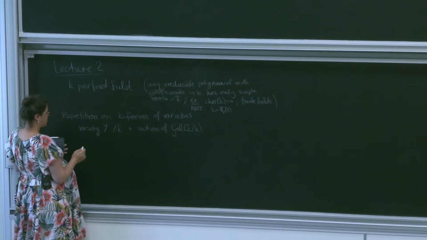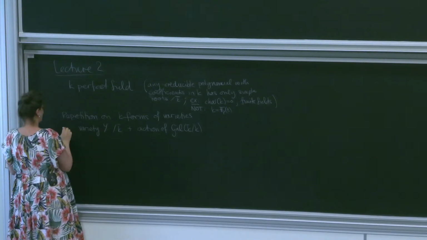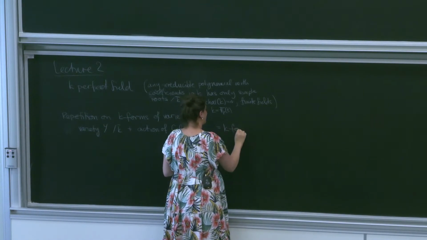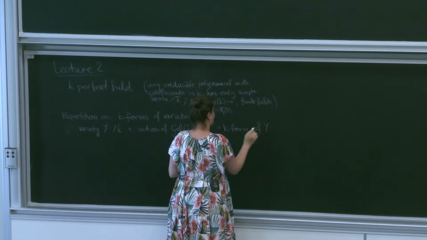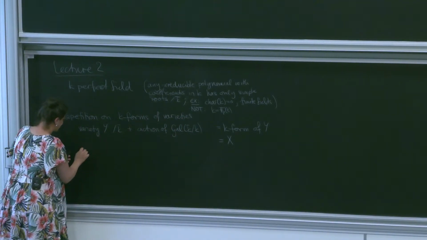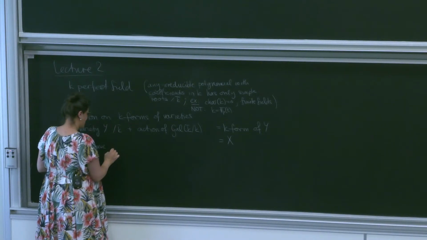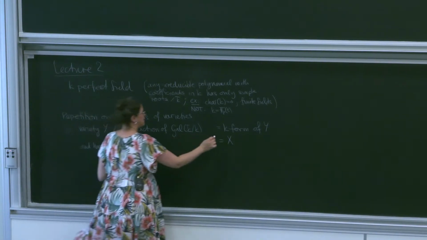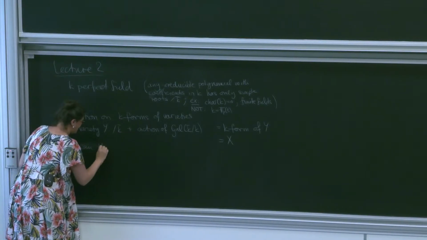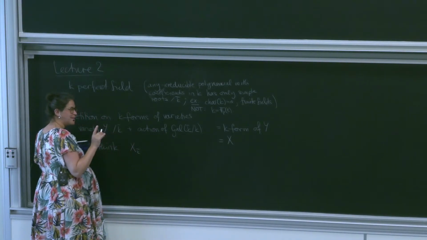So X. This is where X. So for me, this is a K form of Y, and let's say this is my X, this is my surface X, or my variety X, and then we can think X. I can look at it over. So what I'm saying is not entirely correct.